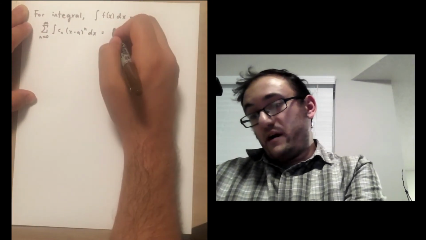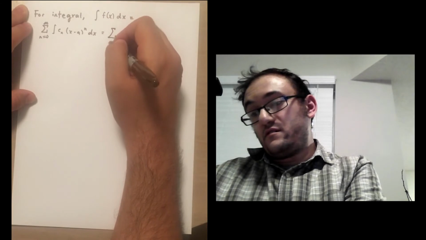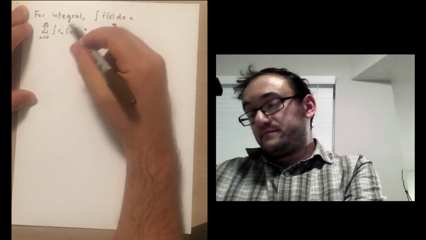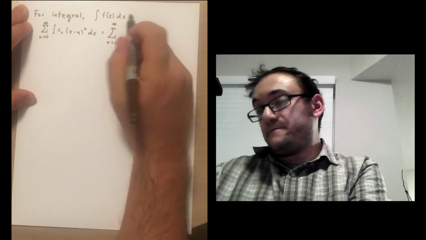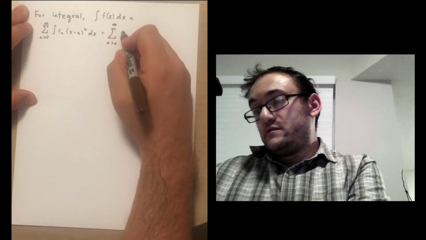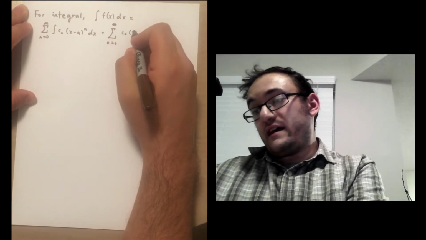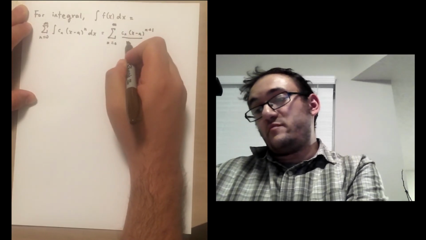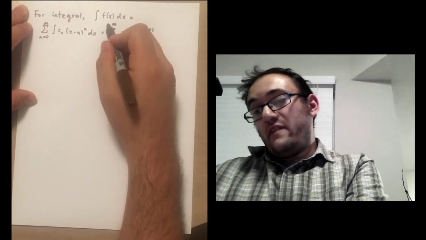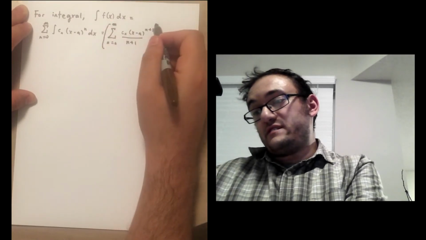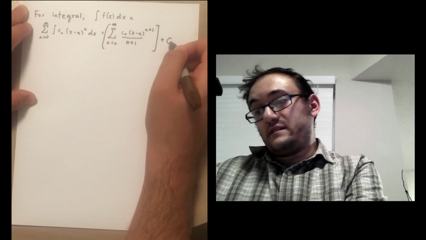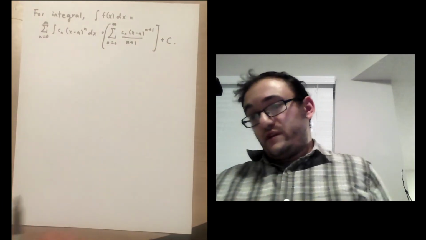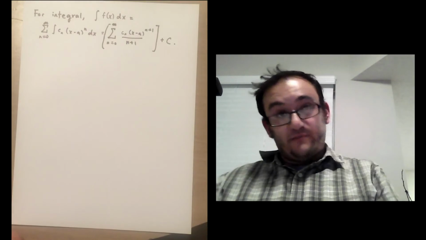And this is the power rule, so we get n equals 0 to infinity of c sub n x minus a to the n plus 1 divided by n plus 1. And then after this series, we also get a constant of integration, which is what you would expect when taking an indefinite integral.